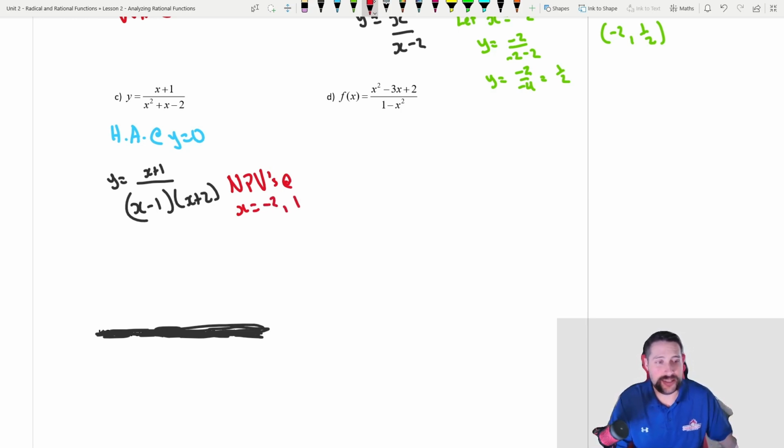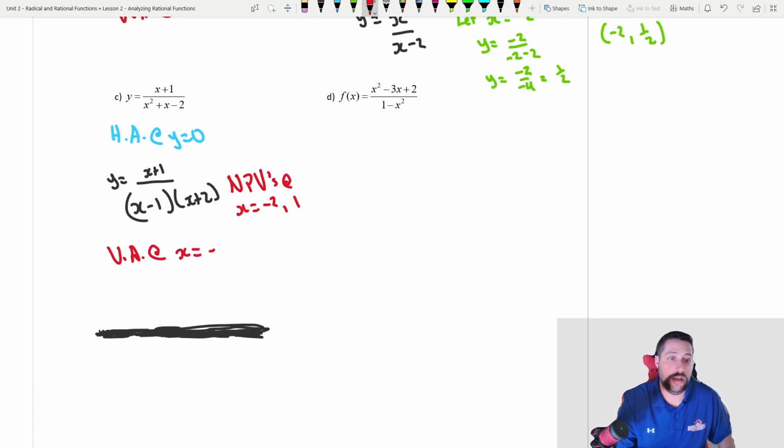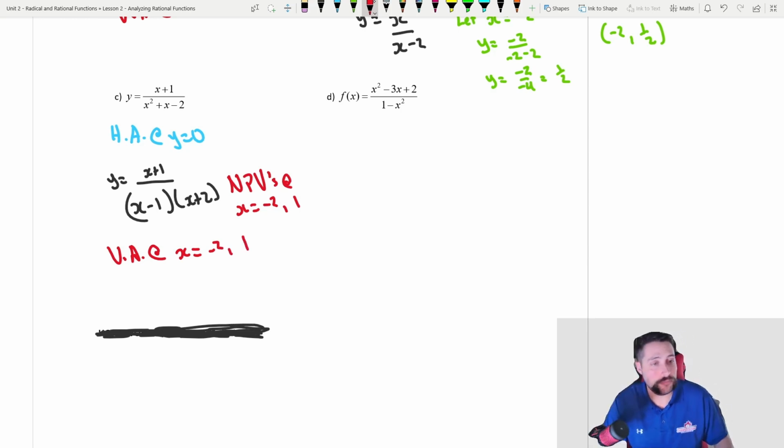Since nothing cancels, we have vertical asymptotes at those points, x is equal to -2 and 1. There are no points of discontinuity in this because nothing cancels.